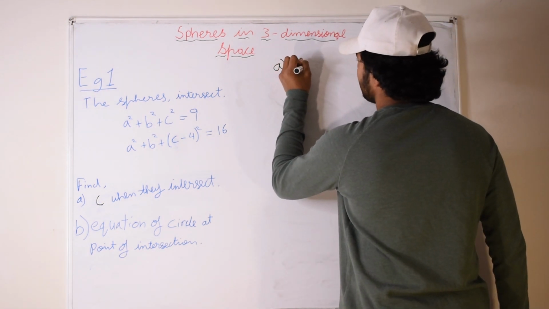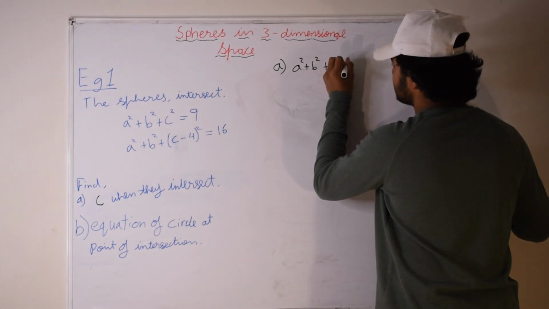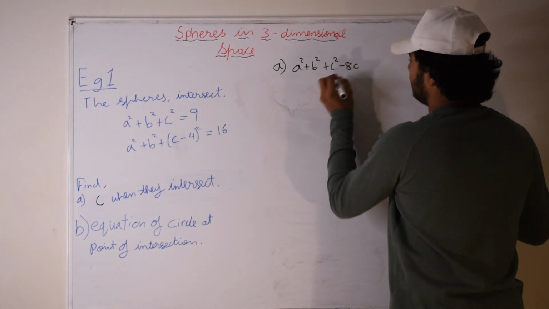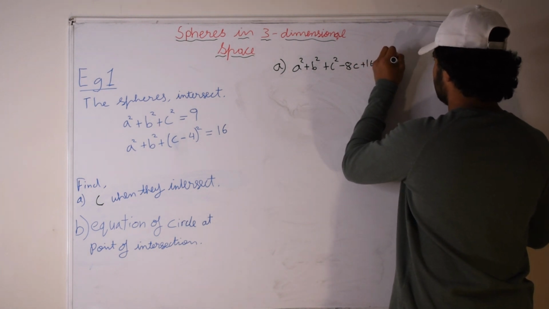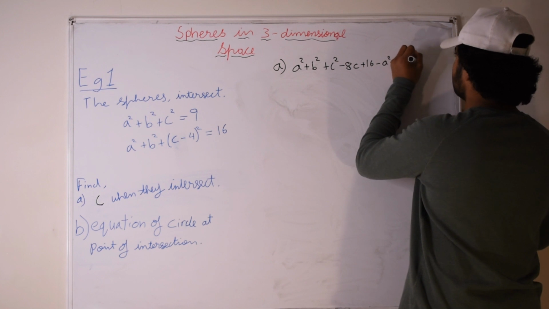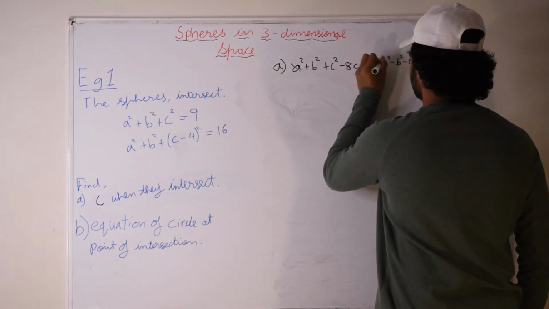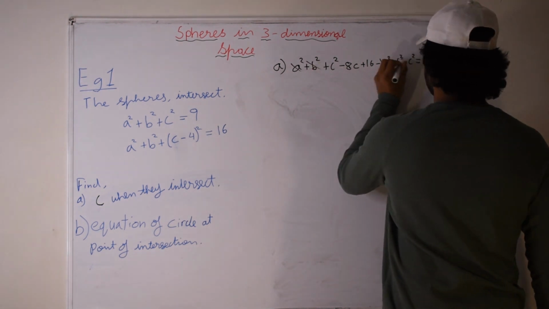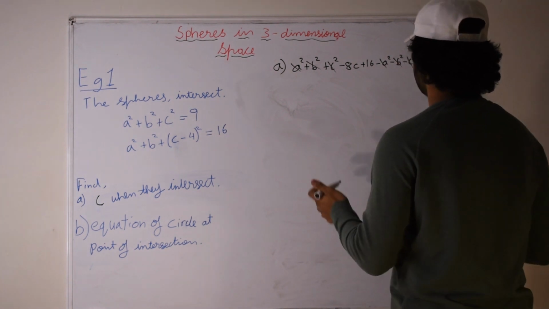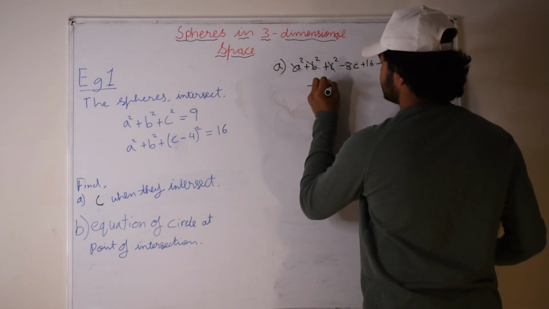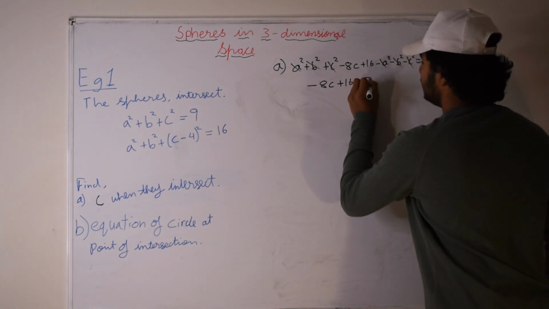We got a squared plus b squared plus c squared minus 8c plus 16 minus a squared minus b squared minus c squared equals 16 minus 9. A squared gone. B squared gone. C squared and c squared all gone. So we're left with minus 8c plus 16 equals 16 minus 9, 7.